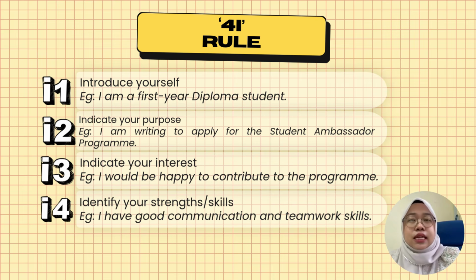You must state who you are. For example, I am a first year diploma student. The second one is you must indicate your purpose of writing this email, where you must state the opportunity that you want. For example, I'm writing to apply for the student ambassador program.